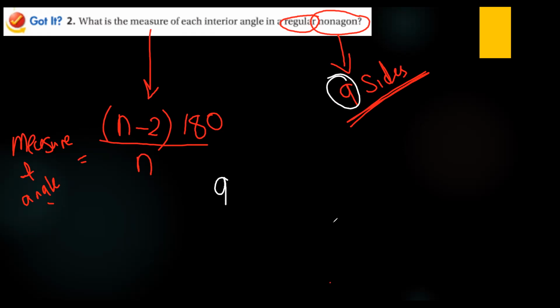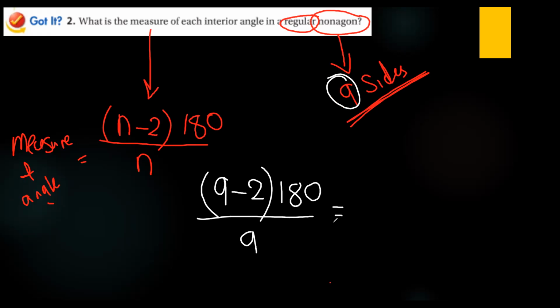So I will say 9 minus 2 times 180 over 9. So it's 7 times 180 over 9. 7 times 180 is 1260, over 9. So the measure of each angle will be 140.